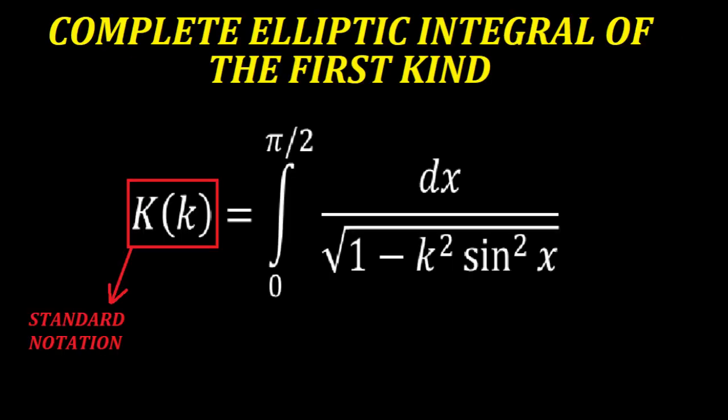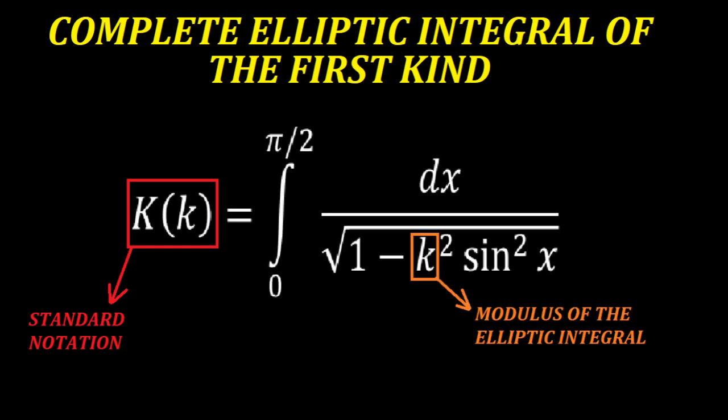It is the integral from 0 to pi over 2 of dx over the square root of 1 minus k squared times sine squared of x. This k is called the modulus of the elliptic integral, but all you need to know about it for now is that inside the integral there should be some sine squared term multiplied by something, and that something you will just name k squared.